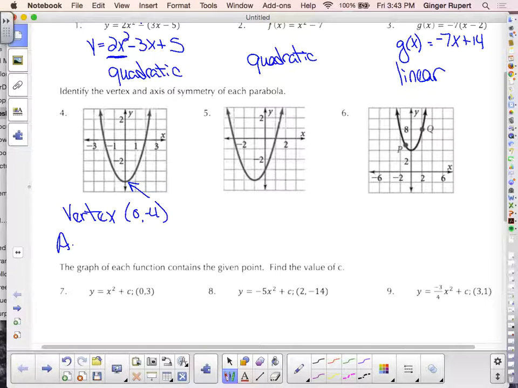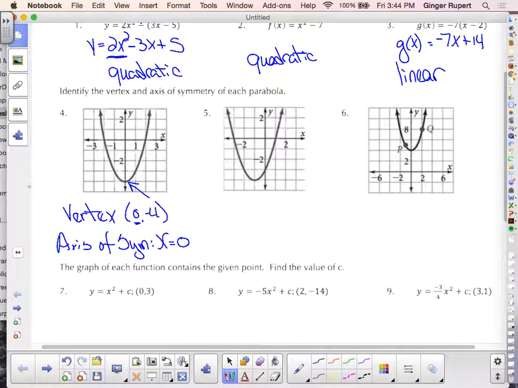Then the axis of symmetry is that x-coordinate. Remember to write that as x is equal to 0. It's a line. It's a vertical line. Don't just say 0. Don't give me the ordered pair. It's a line. X equals 0.